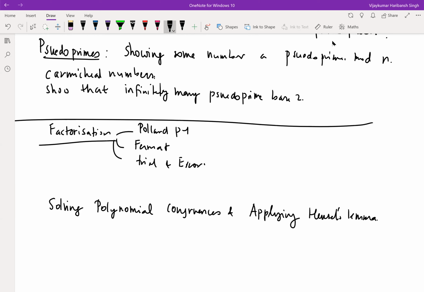And then system of linear congruences. You could be asked problems to apply Hensel's lemma. All right. The idea is not to have a, okay, let me just.